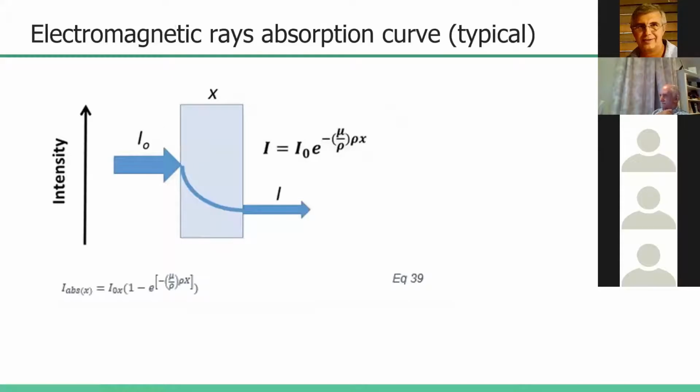Let's go back to our absorption curve. The absorption curve is typical for an electromagnetic spectrum. You have an incident strength of your flux, we'll call it flux.